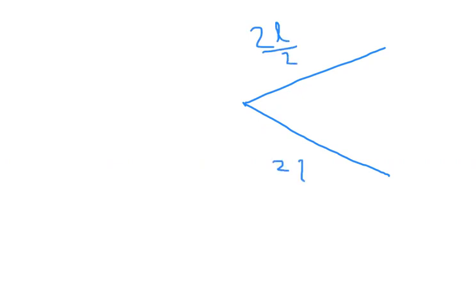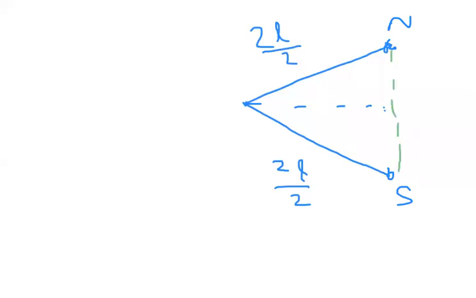When it is made into two parts like that, as it is bent at midpoint, each part is 2L by 2. If I take one bisector, suppose this is the north pole and this is the south pole, the shortest distance, the new magnetic length, is the straight line from here to here.